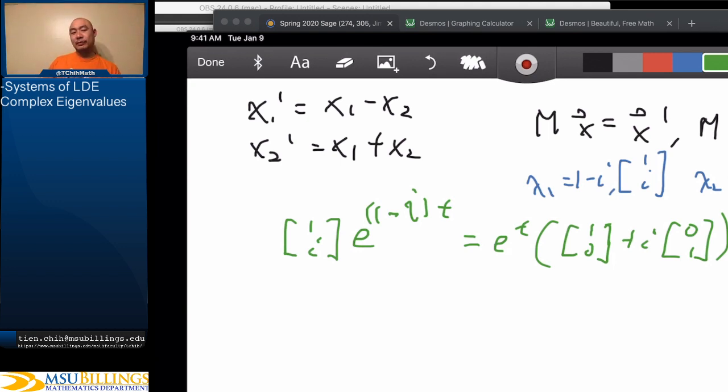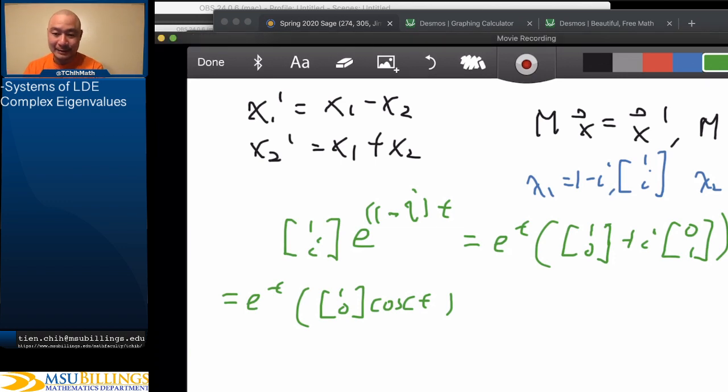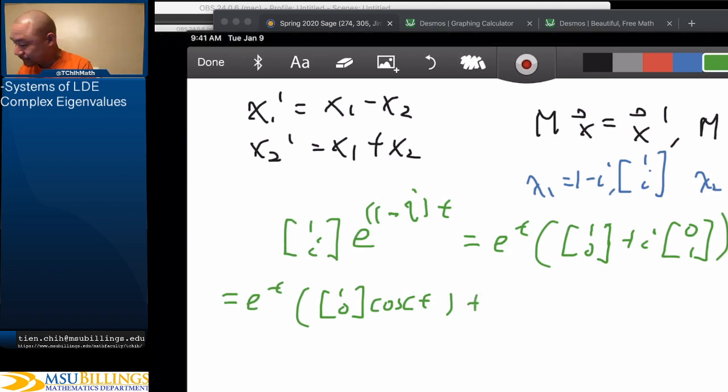We do this because what we want to do is totally expand and recombine this thing to just be real and complex parts. So when I multiply all of this stuff out and recombine, I get e to the t times 1, 0 cosine t. And then I'm going to say i times 0, 1 times minus i sine of t gives me positive 0, 1 sine of t.